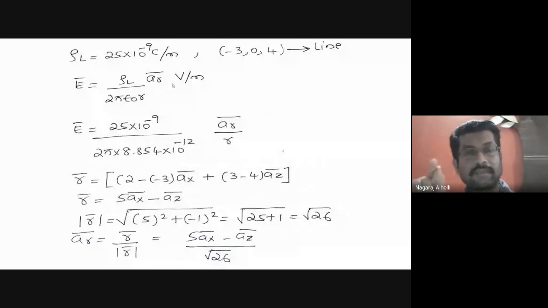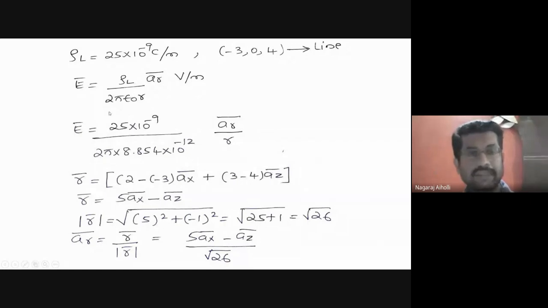Try to recollect what we discussed in the previous class. So a_r bar or a_y bar is the same thing, which is lying on the Y axis. That is the reason instead of a_y bar, here I am using a_r bar. Rho L divided by 2 pi epsilon naught r, a_r bar volt per meter. This is our formula available.